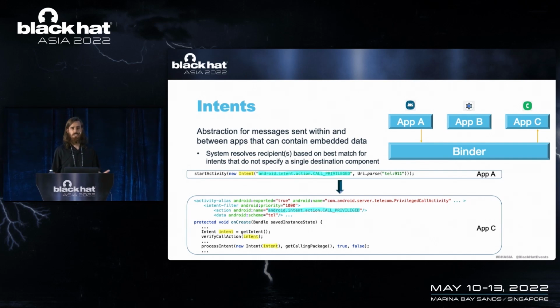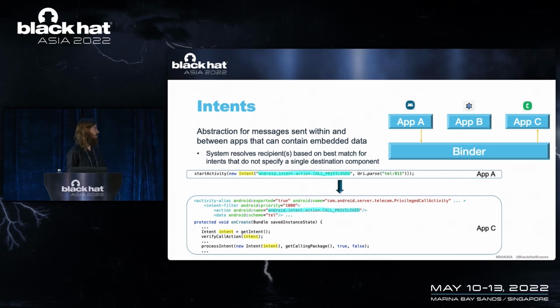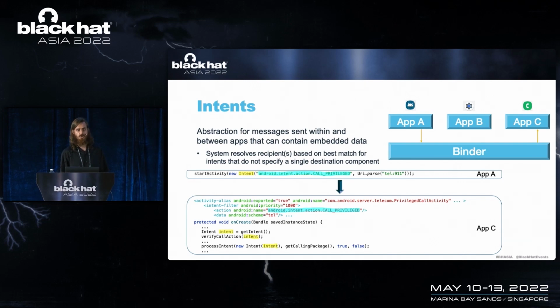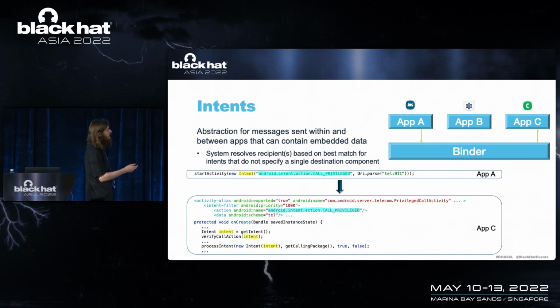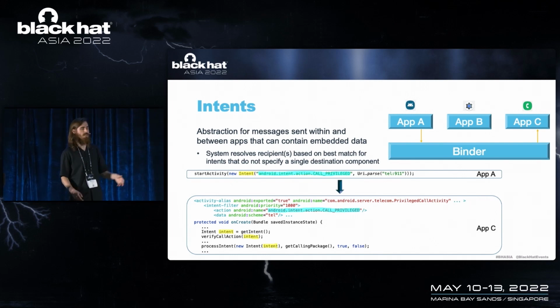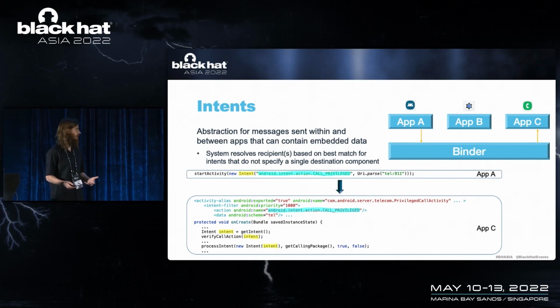To communicate with application components, this is done through intents. An intent is essentially an abstraction for a message. This can be sent within apps or between apps. In the example here, application A is going to send an intent message to application C using Binder as the transport. In the code example, application A creates an intent, uses an action string denoting an abstract action.